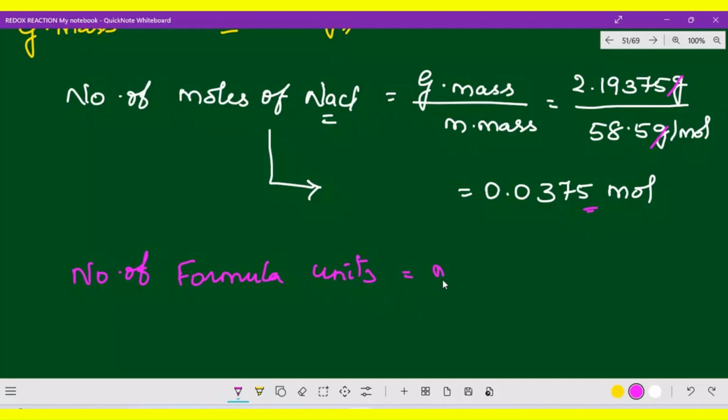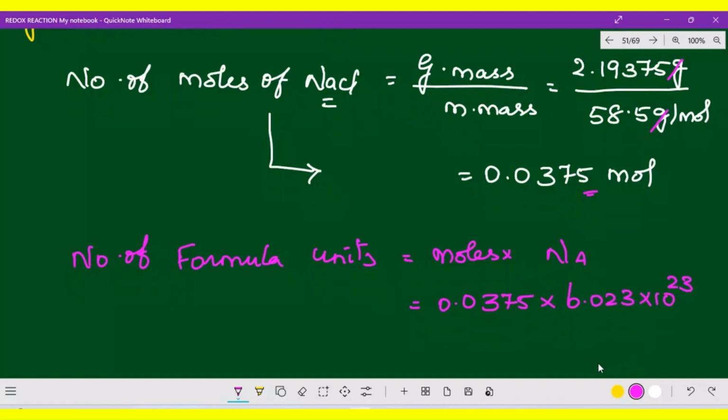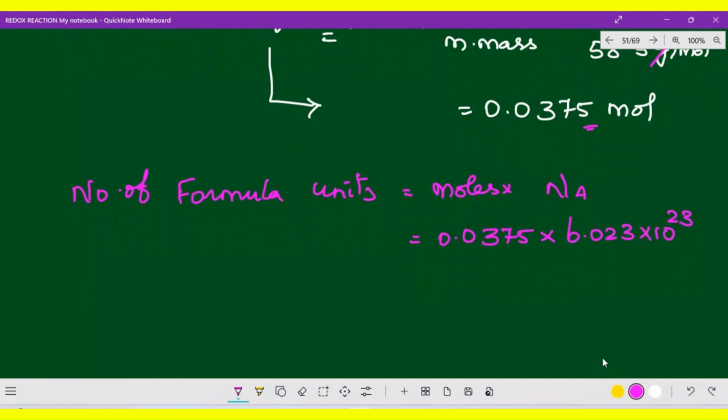Here, moles into Avogadro number. So 0.0375 moles into the Avogadro number, 6.023 into 10 to the power of 23 per mole, that is per formula unit.